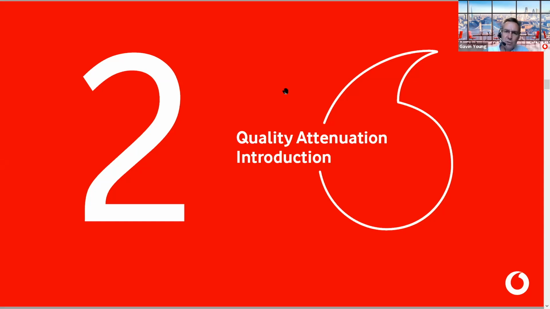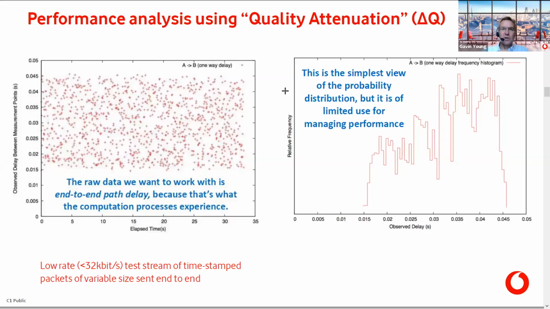Let's look at quality attenuation itself and an introduction to that. So if I look at an approach where I send a stream of packets, a low rate stream over a broadband connection, with a range of packet sizes and timestamps, and I just plot the observed one-way delay between measurement points over time, then I get this kind of fuzzy path on the left.